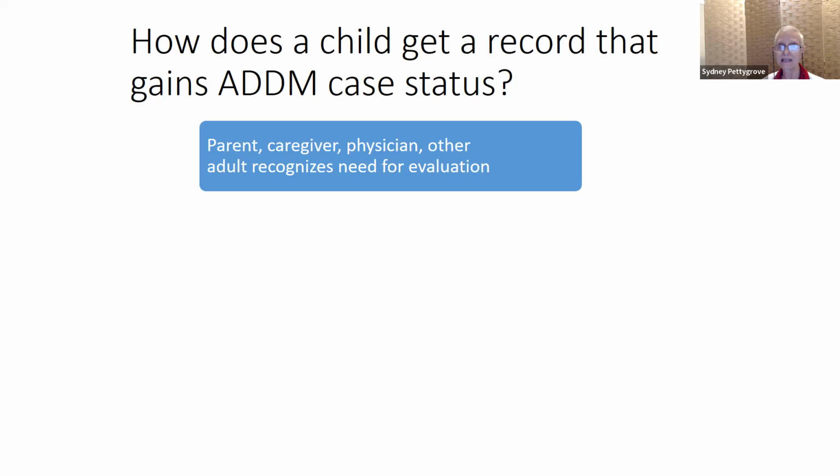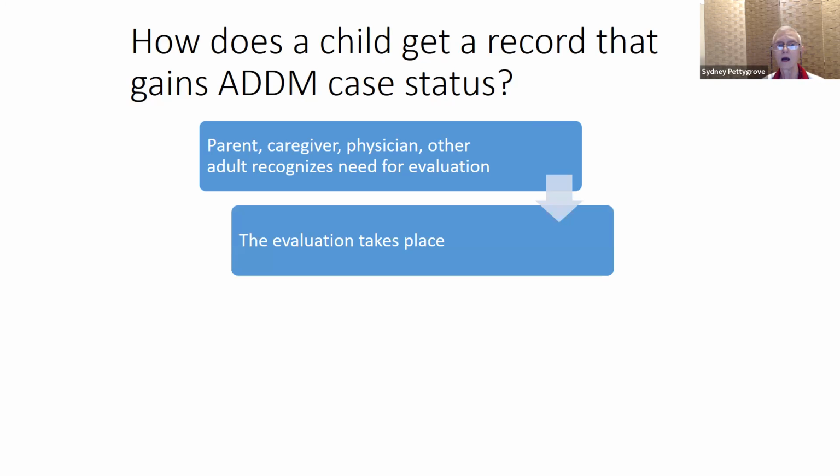And it all starts with a parent, caregiver, physician, or another adult who recognizes that this child could potentially benefit from an evaluation. That's the first thing that has to happen.